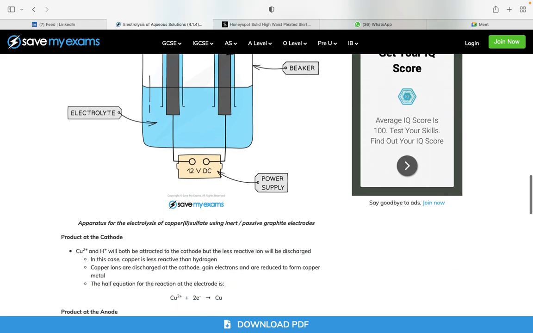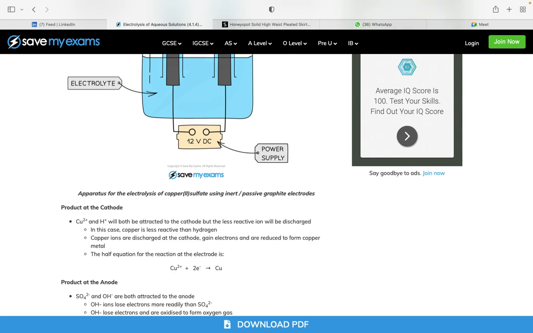Now, the product at the cathode. Copper ions and hydrogen ions will both be attracted to the cathode, but the less reactive one will be discharged. Which one is the less reactive one? Copper.